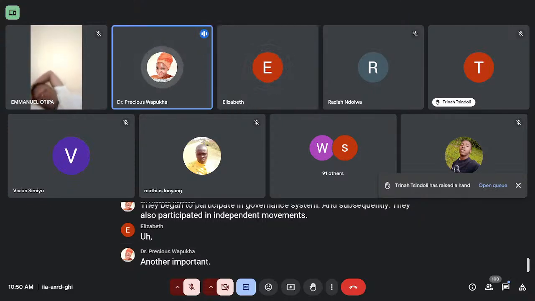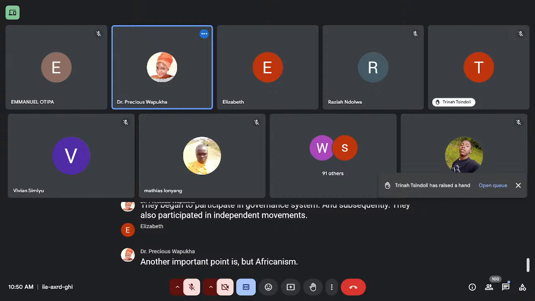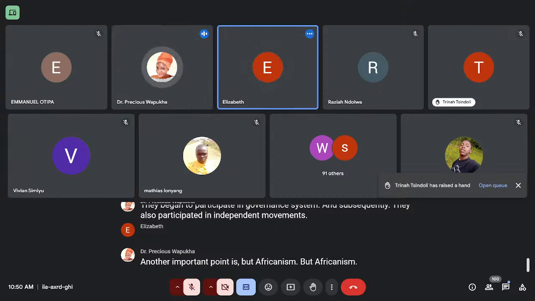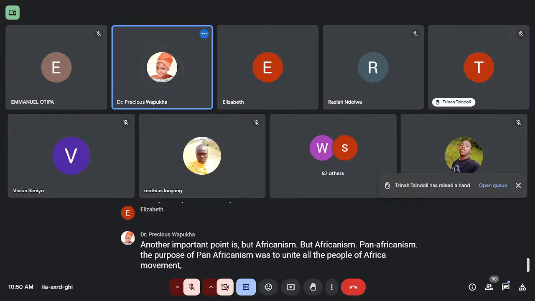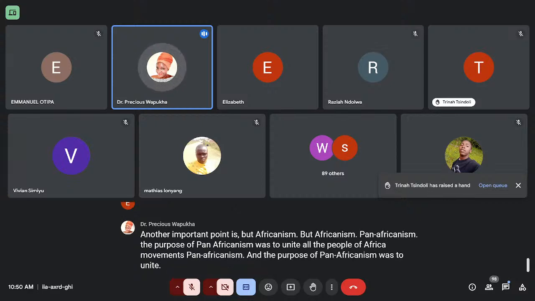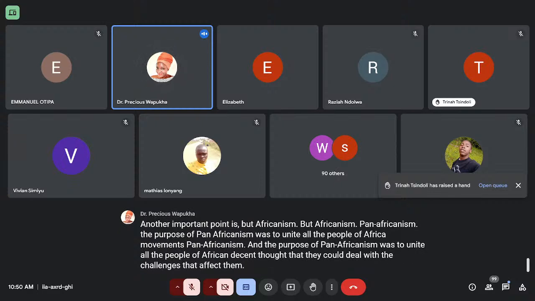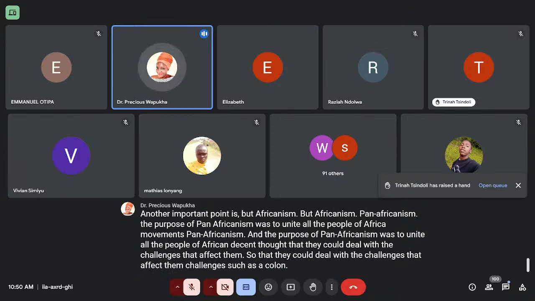Another important point is Pan-Africanism. The purpose of Pan-Africanism was to unite all the people of African descent so that they could deal with the challenges that affect them, challenges such as colonialism, poverty, and racism.